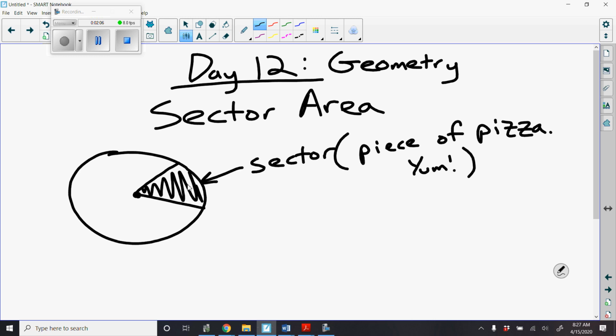Hopefully it's easy to see this relates really nicely to Thursday's video, because obviously this sector area is going to relate to the area of the circle. And once again, it's just going to be a fraction of that area, related to theta, the central angle. So here's how we find the sector area.